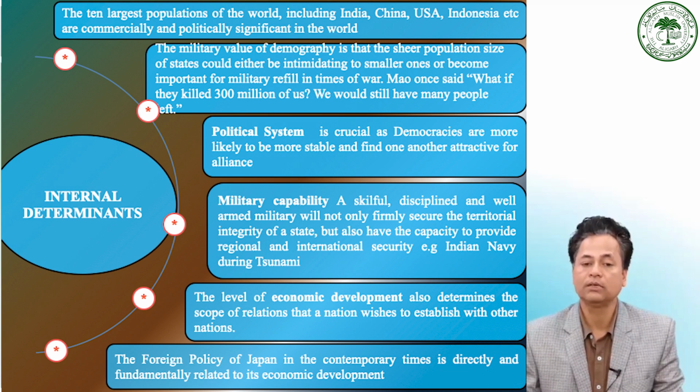Then political system is crucial in shaping the foreign policy of a particular country. Generally, democracies are more likely to be stable and to find one another attractive for alliances.